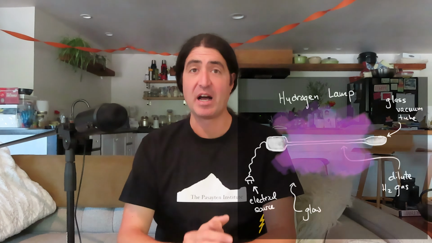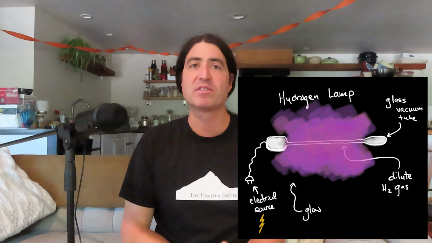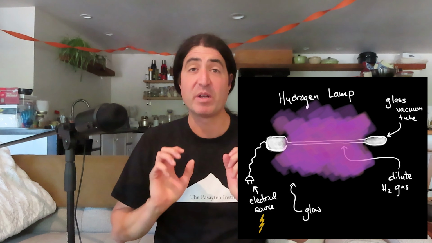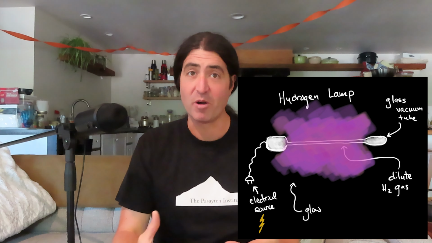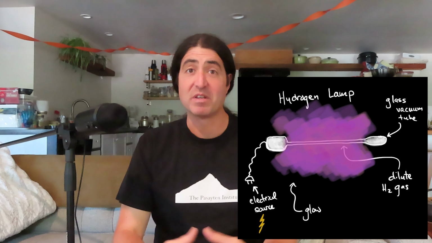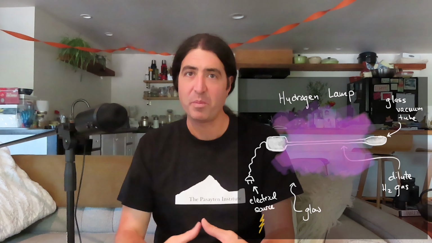So here's how you'd go about doing that. You could take some glass, you could evacuate a little hollow chamber inside the glass like a light bulb. You can poke some metal wires into that chamber and fill it just ever so slightly with trace amounts of hydrogen gas. Pass a current through that wire, and you can watch that gas start to glow. And indeed, hydrogen gas lamps, hydrogen gas light bulbs, if you like, tend to glow with a gentle purplish color.